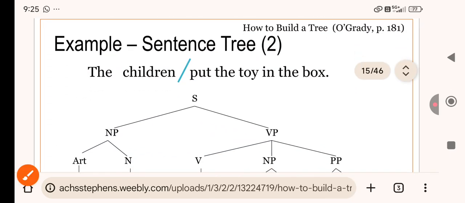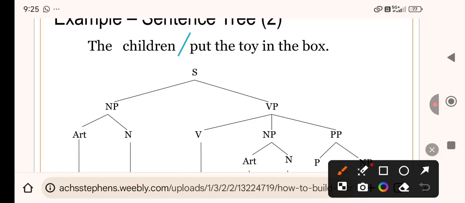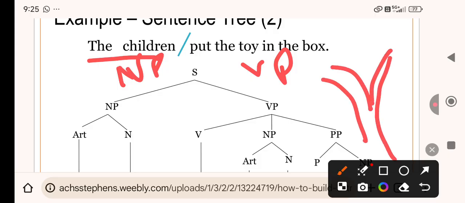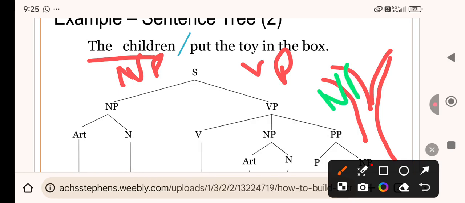Now another sentence: the children put the toy in the box. Please notice that the sentence is divided into a noun phrase and a verb phrase. This is the noun phrase and this is the verb phrase. But in the verb phrase there is another branch.